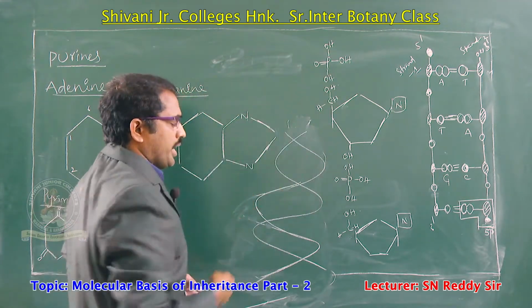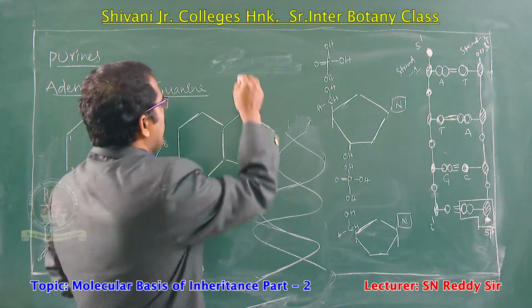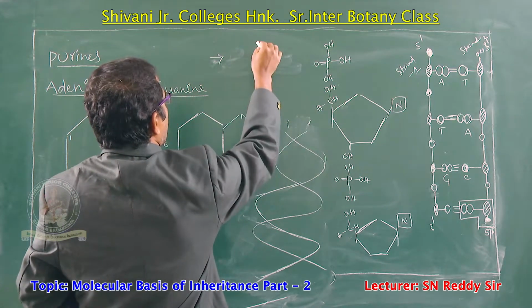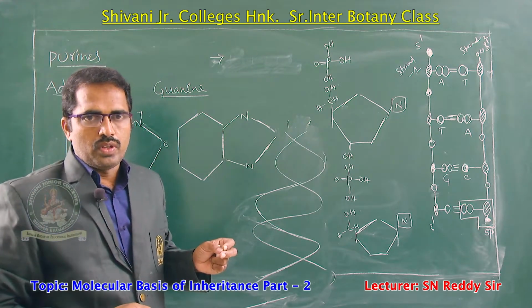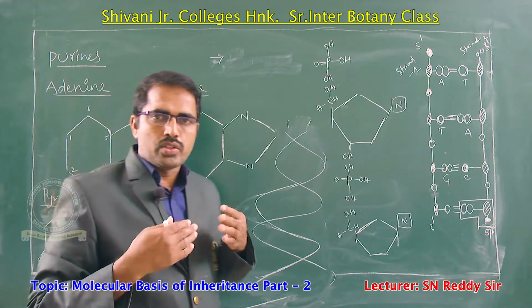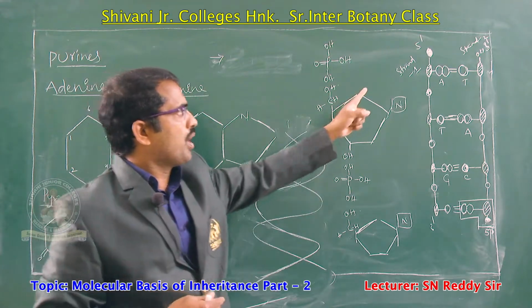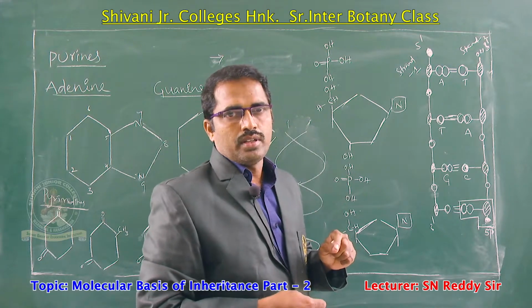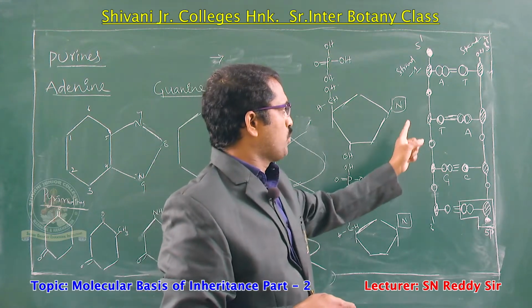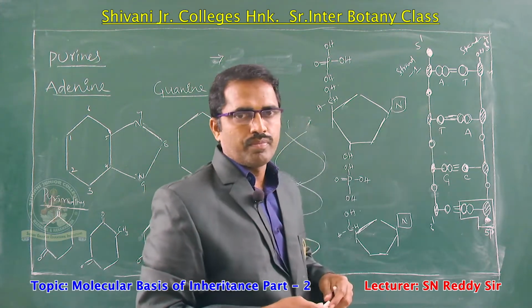In the case of DNA, it is a long polymer of deoxyribonucleotides. A number of nucleotides are joined like this, and then we get a double helix model in the case of DNA.